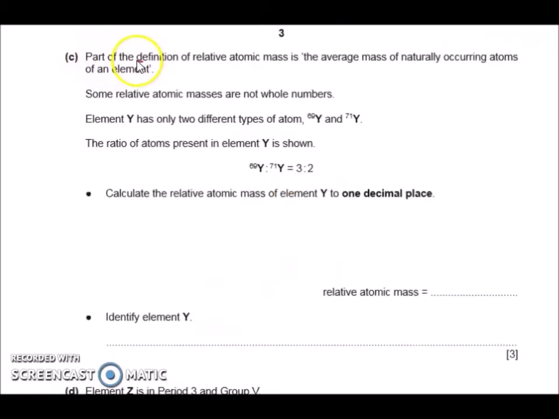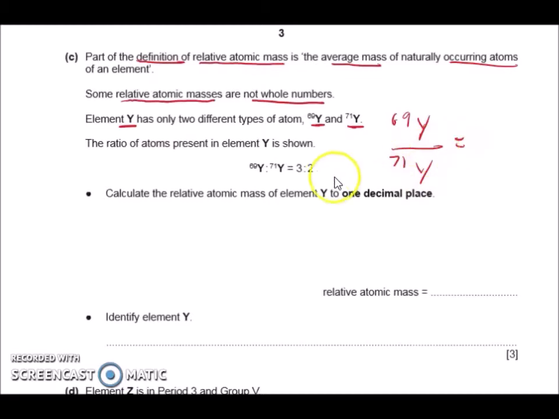Question C. Part of the definition of relative atomic mass is the average mass of naturally occurring atoms of an element. Some relative atomic masses are not whole numbers. Element Y has only 2 different types of atom, Y69 and Y71, and they have this ratio. So we make it into a fraction, 3 to 2.